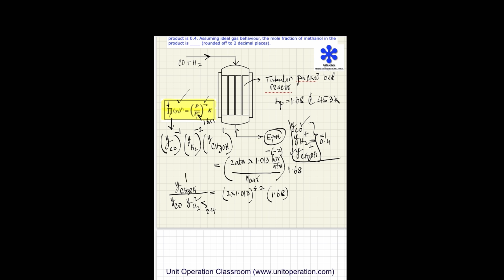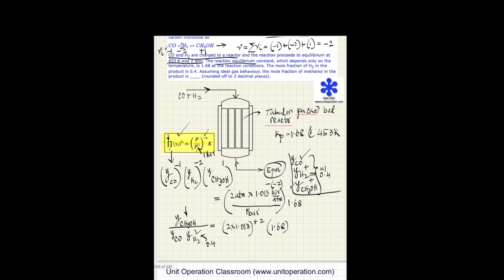We have to find the mole fraction of methanol in the product. That's what we have to find out.